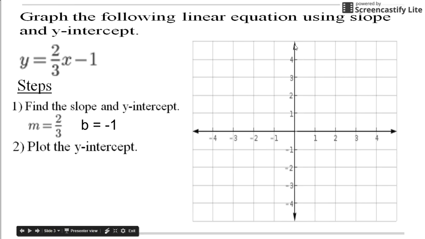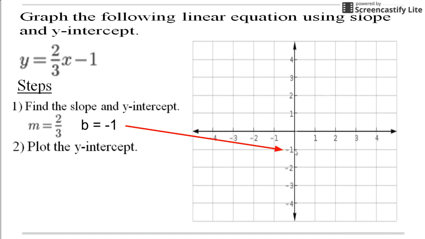So you're going to look on this line right here and find negative 1. When you find that negative 1, that is where you're going to start your graph. You put a point there. If it were a different number, that would be the number we were looking for. We always start our graph right here at the y-intercept.